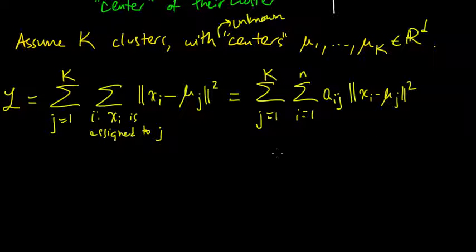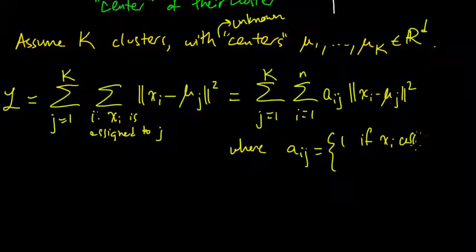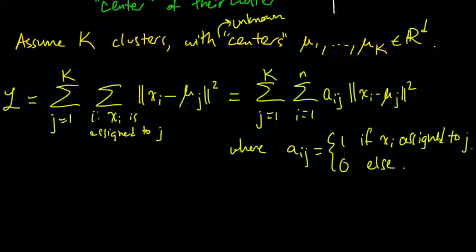Here, aij equals 1 if xi is assigned to mu j, and 0 otherwise. And that's exactly equal to this.